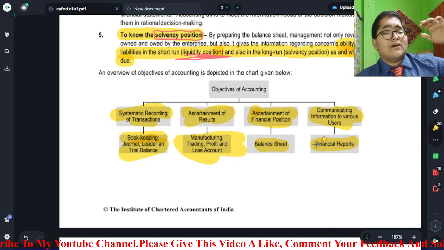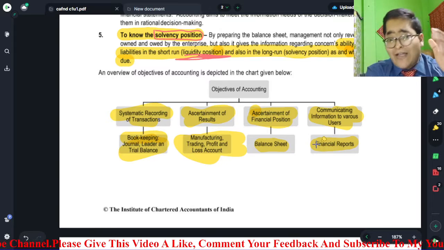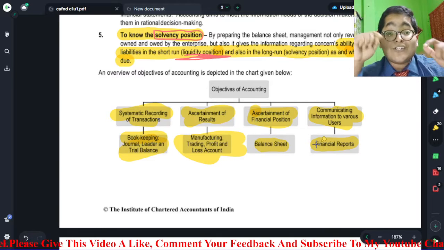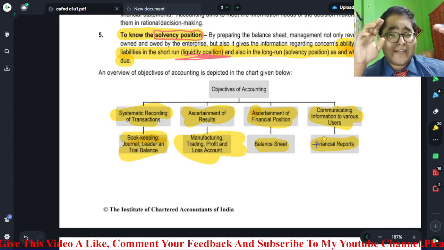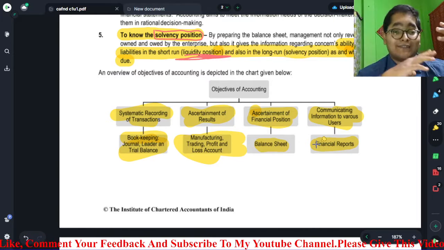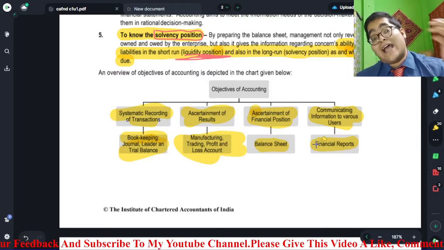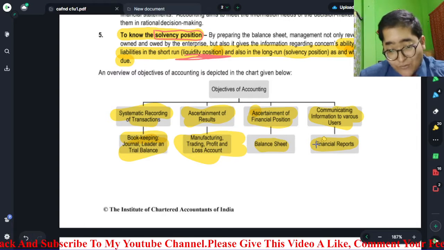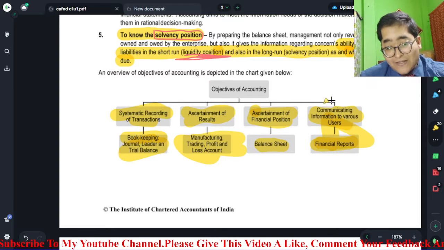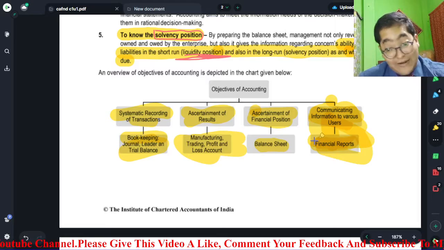If we go to a company's details, we can see the financial reports. They tell about its profits, losses, liabilities, assets, and various information related to the company that has a financial value. The communication of the information prepared through accounting is done through financial reports.